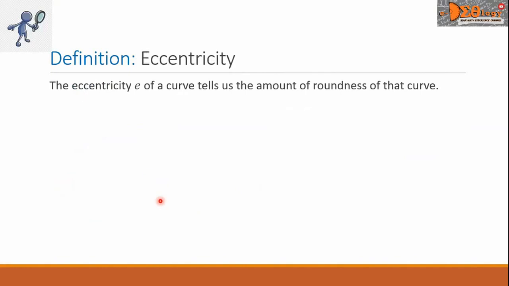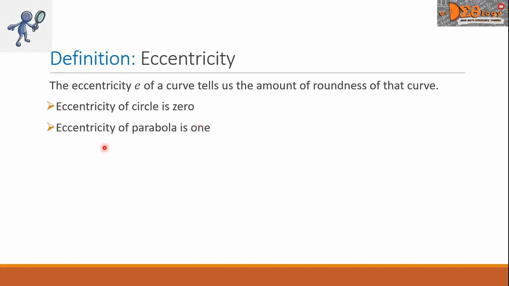Now let us define eccentricity. The eccentricity, denoted by E of a curve, tells us the amount of roundness of that curve. Take note that the eccentricity of circle is 0.